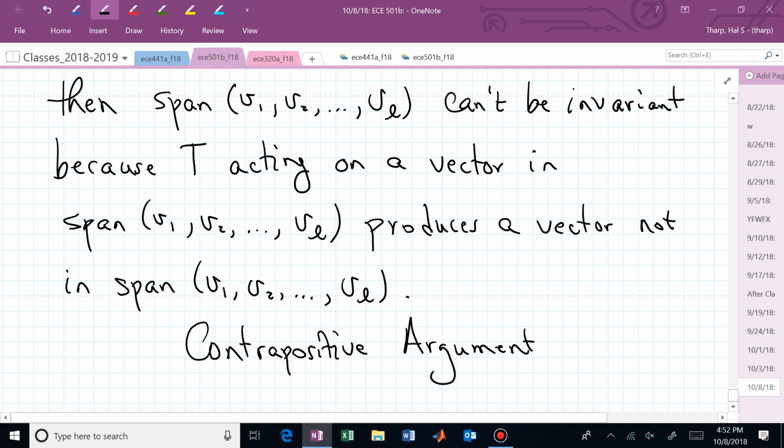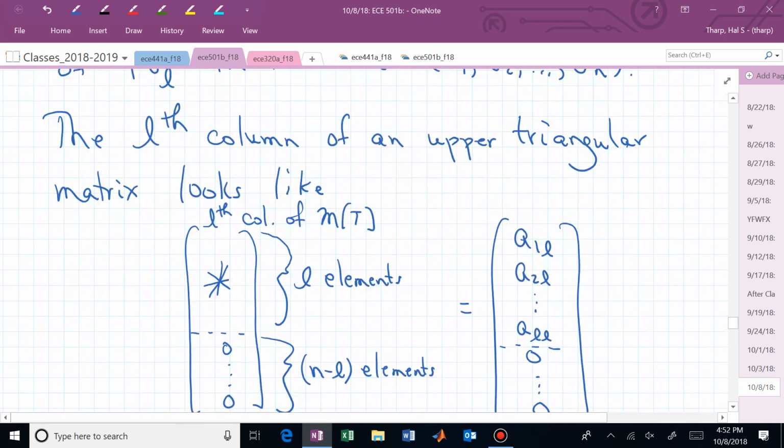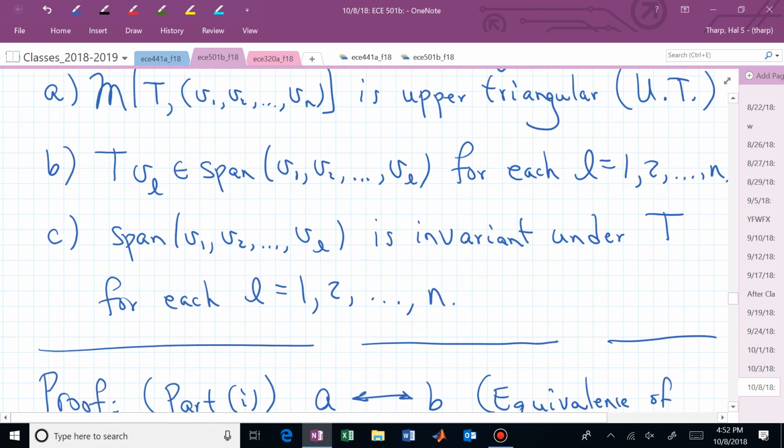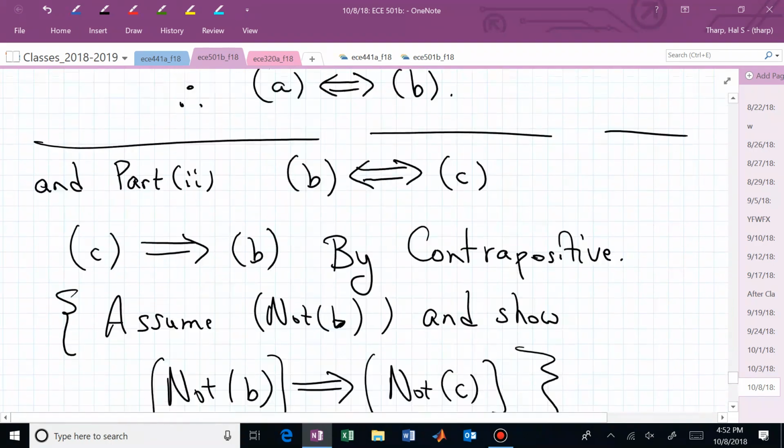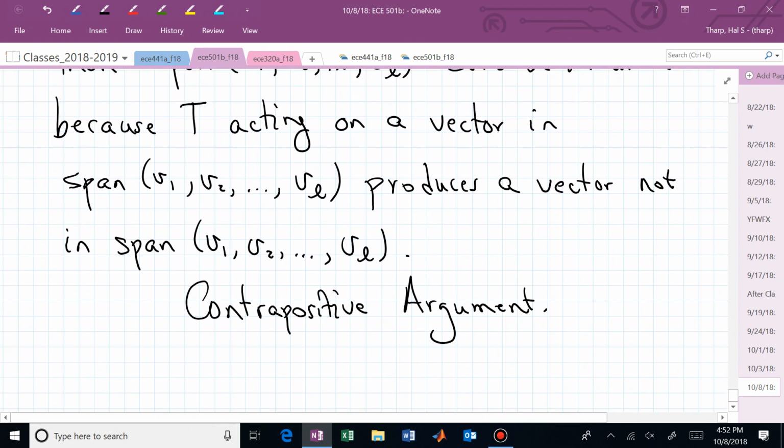And that's what we were trying to show. That was not C. What was C? I've completely forgotten. C talks about being an invariant subspace. So we just showed that it's not an invariant subspace, and so assuming not B implies not C.